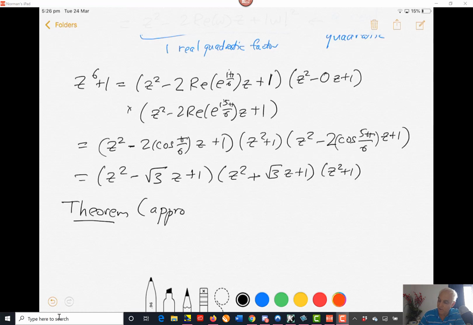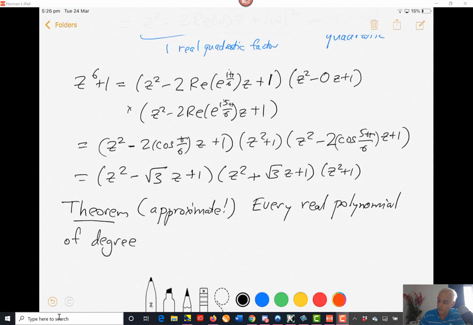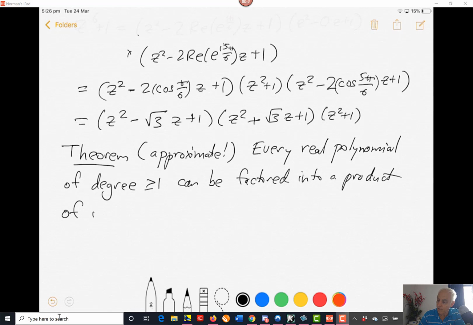The approximate theorem is that every real polynomial of degree greater than or equal to 1 can be factored into a product of real, linear, and quadratic factors.